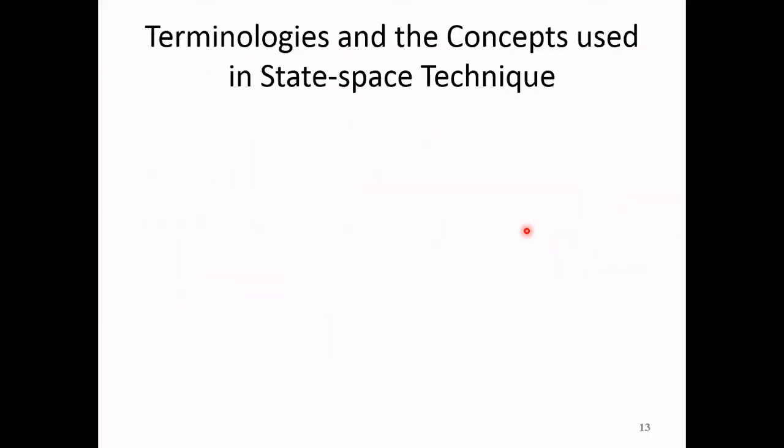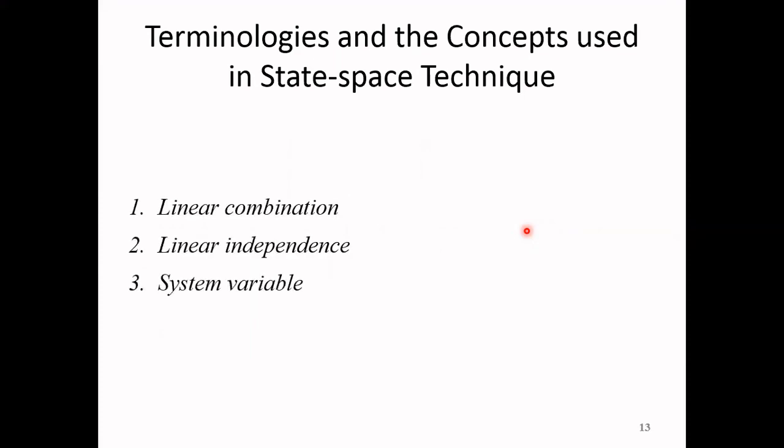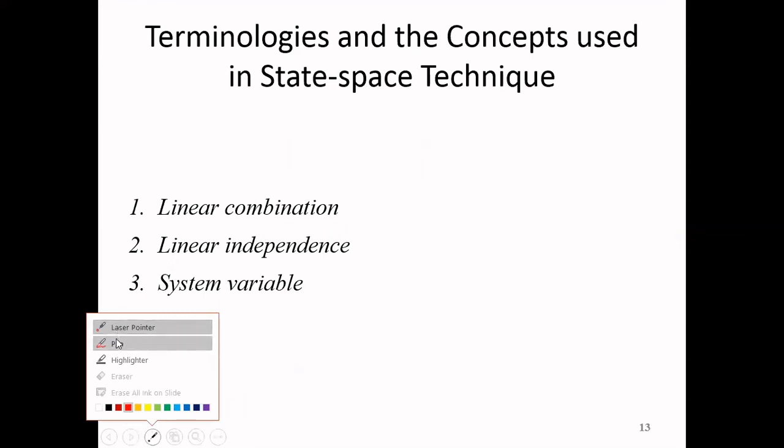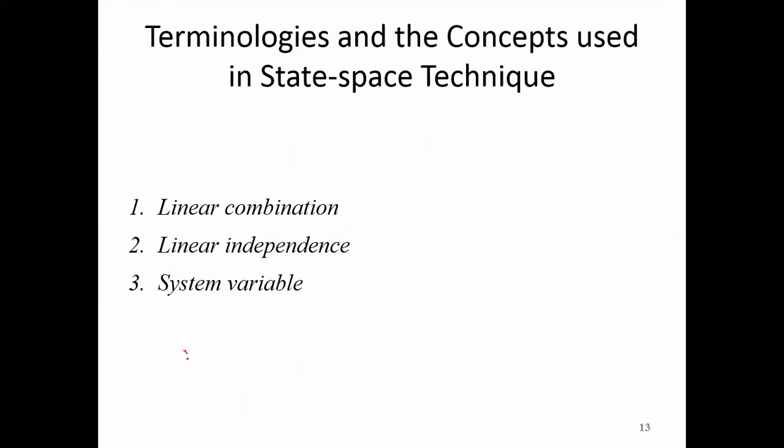because only linearly independent components will be used as state variables. The common terminologies in the state space terms are linear combination. Like when we write the state equation x dot is equal to Ax plus Bu.